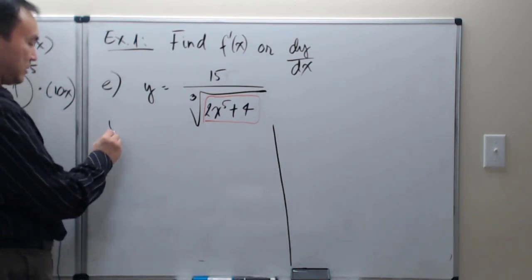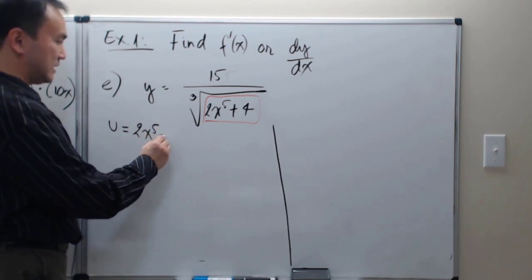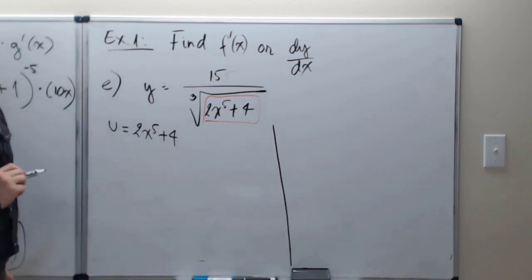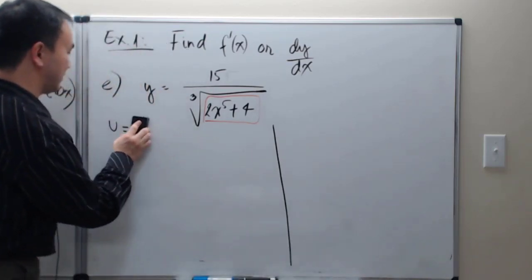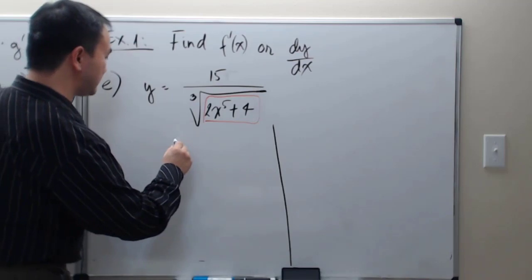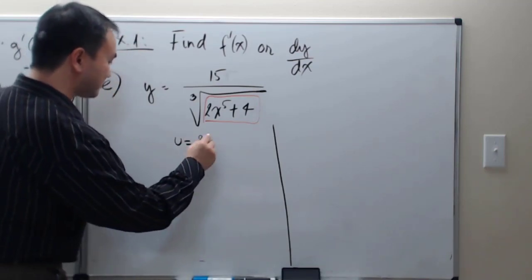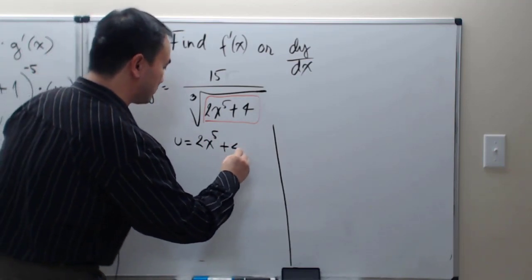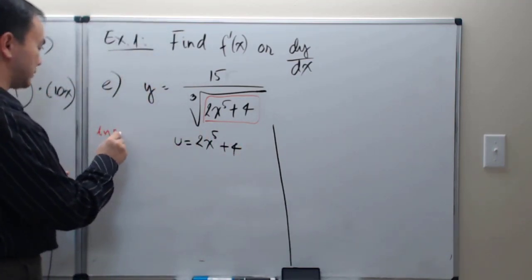So here, I'm calling u equal to 2x to the fifth plus 4. I didn't leave myself enough space for writing the inside, 2x to the fifth plus 4, and here I can label this as my inside function.